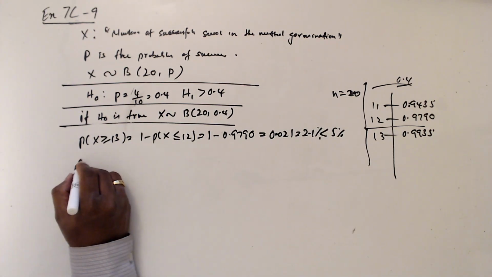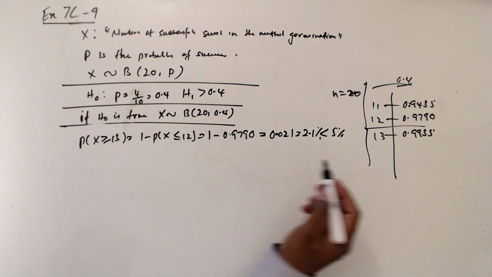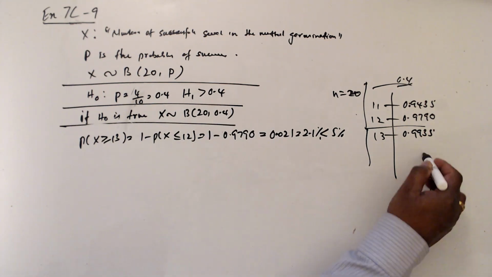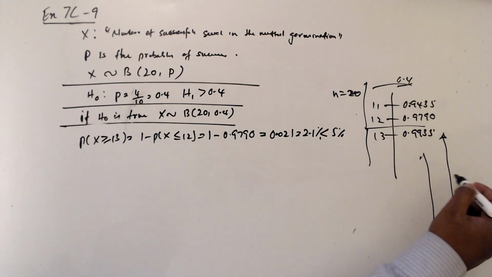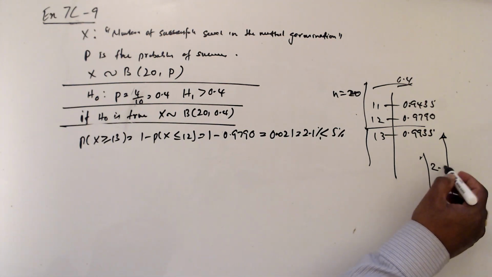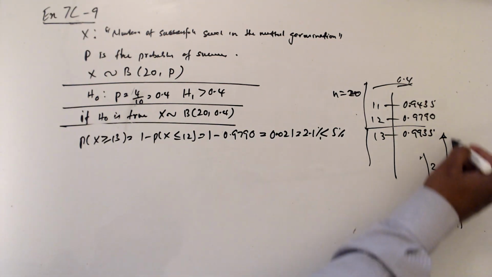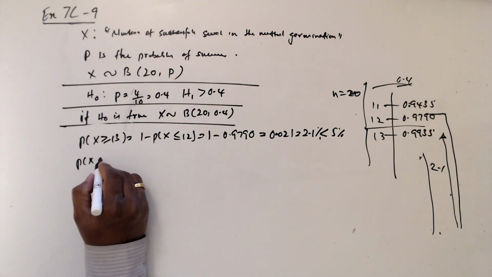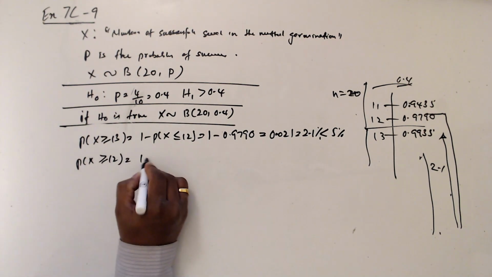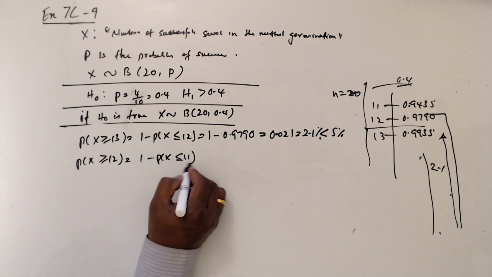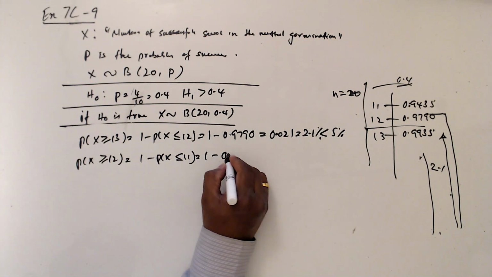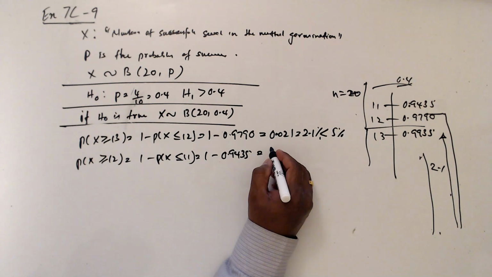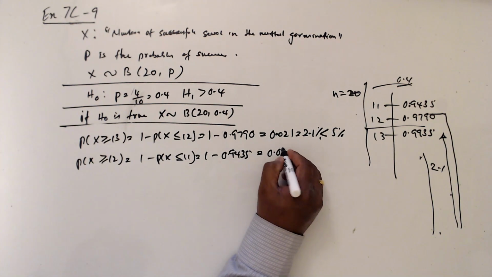And so we'll go one more step up to here. Because in this upper tail we are counting from the bottom, up to here it is 2.1%, so we can gain more. We'll go up to this level now. So the probability of X greater than or equal to 12 means 1 minus the probability of X less than or equal to 11, which is 1 minus 0.9435, that is 0.0565.